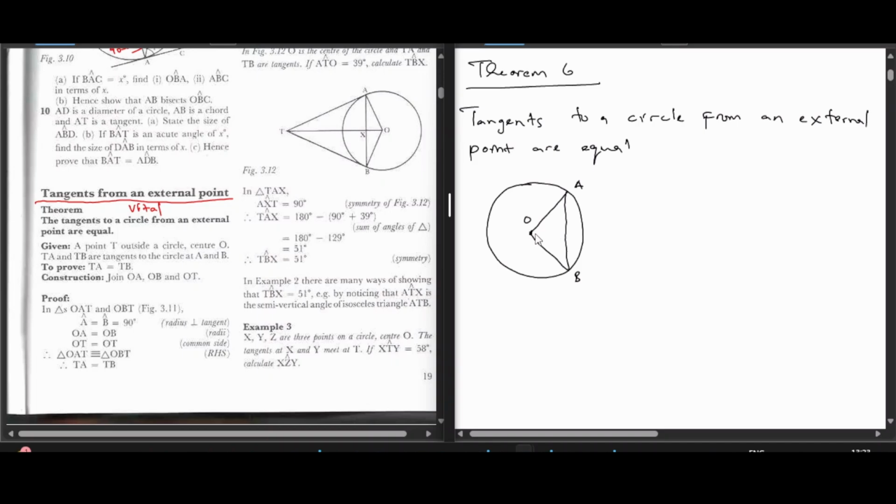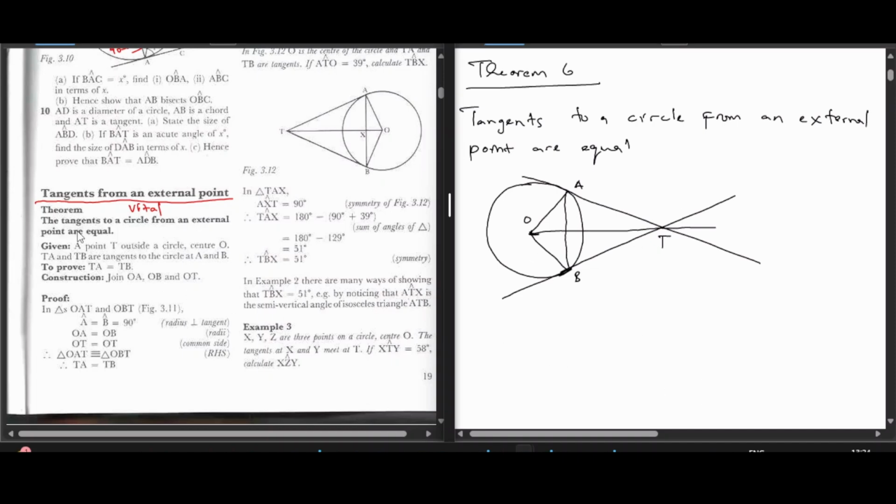Then we have a tangent touching at A, and we draw another tangent touching at B, and they meet at this common point T. Then we have a line like so. So this is what we have.